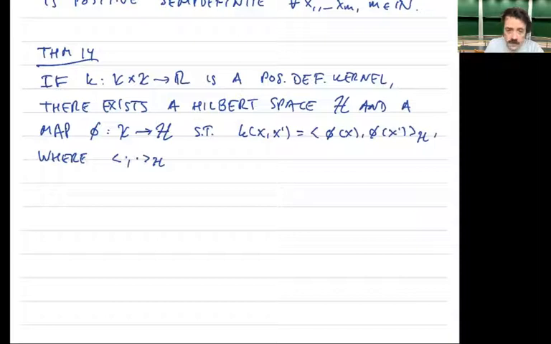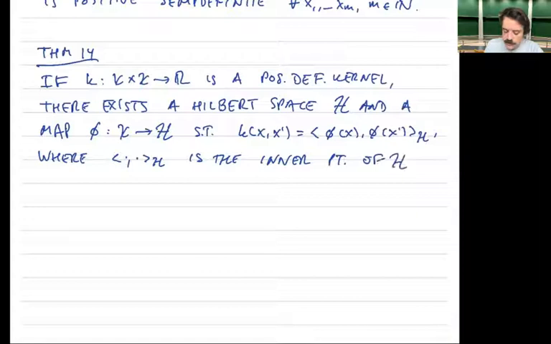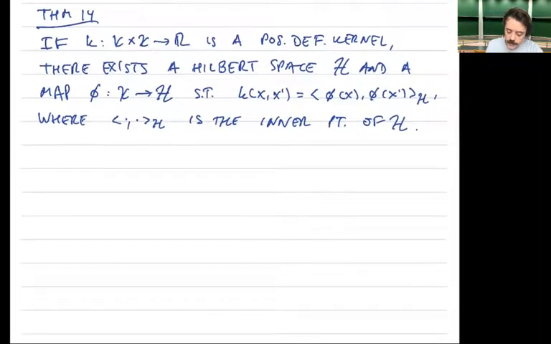Does someone want to ask something? Okay. Where this is the inner product of calligraphic H. So that would be the first part of the theorem, which is telling us precisely what we were wondering.